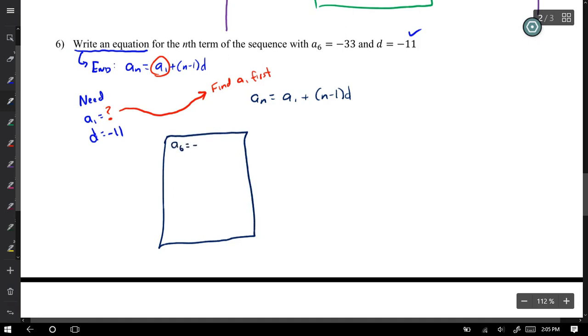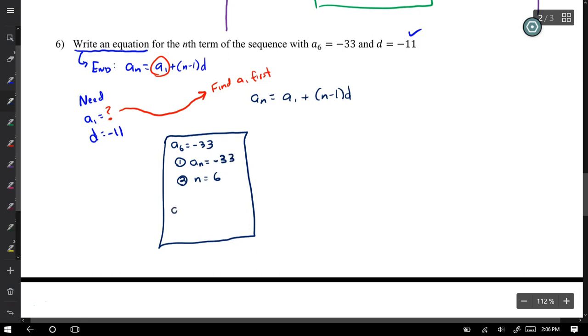If a sub 6 equals negative 33, that tells us two pieces of information. First, it tells me the nth term is negative 33. It also tells me that n is 6. So when it tells me a sub 6 is negative 33, it's telling me n is 6. It's telling me the sixth term is negative 33.